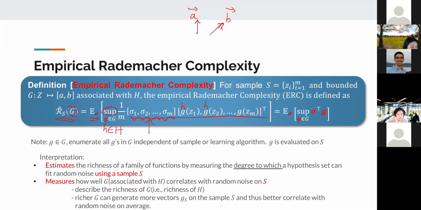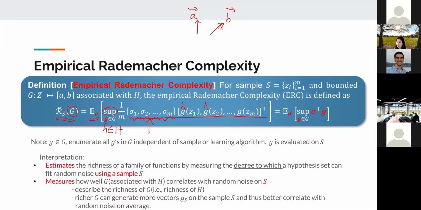So let me see, someone's asking: the expectation over sigma means that for each random noise vector, we take the inner product of the noise and the most aligned G, then average across all these inner products. So you want to say average over all random noise. Does that make sense? Because the random noise is very random, right?